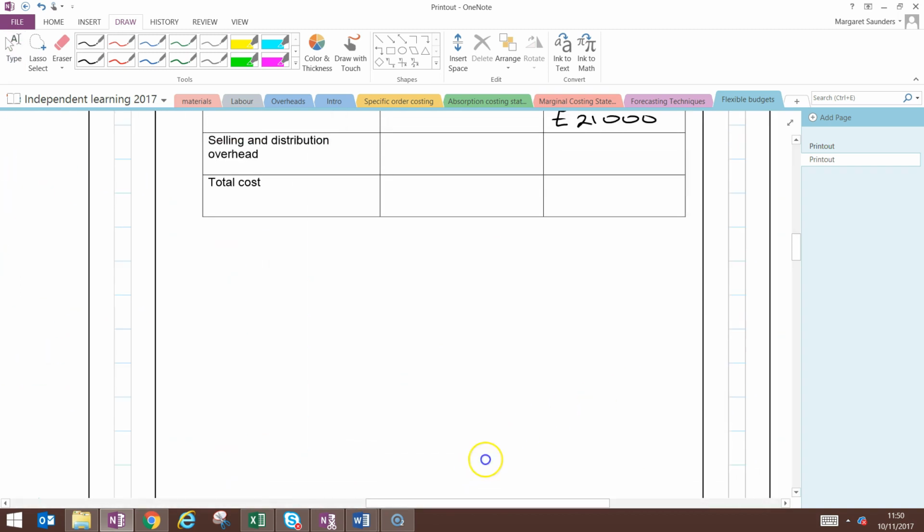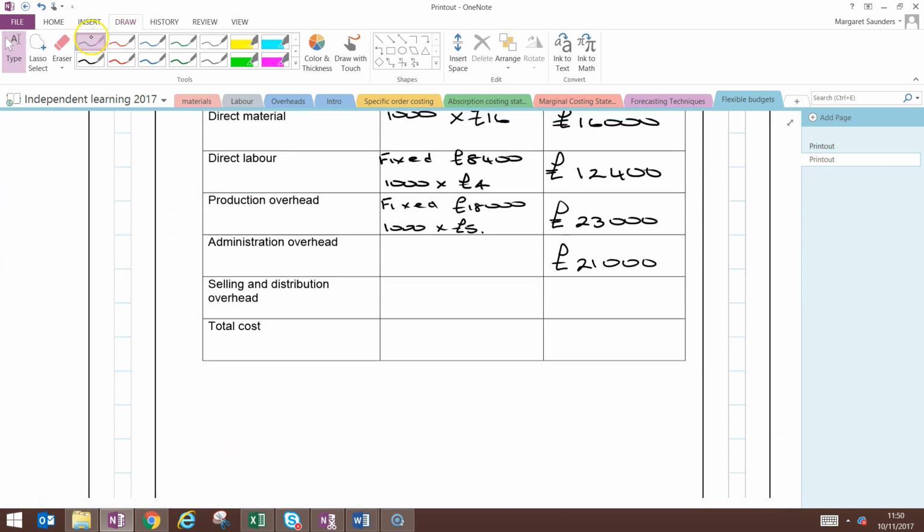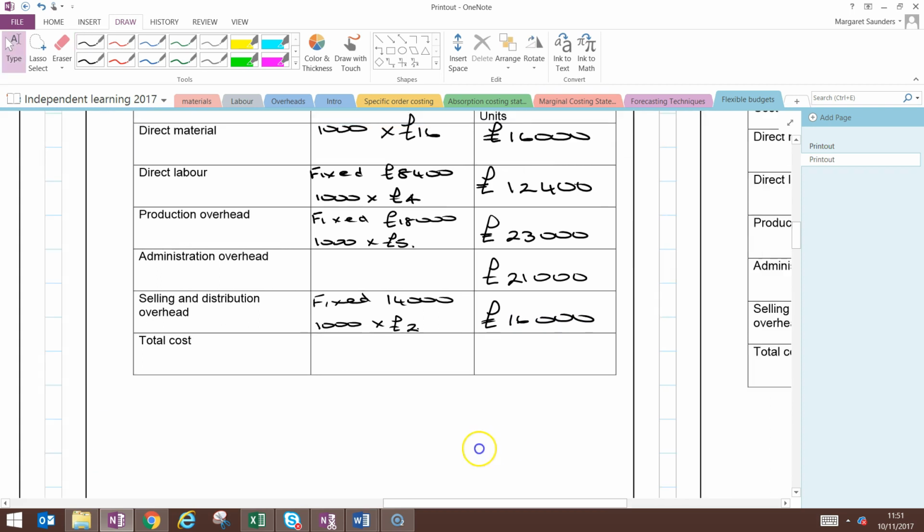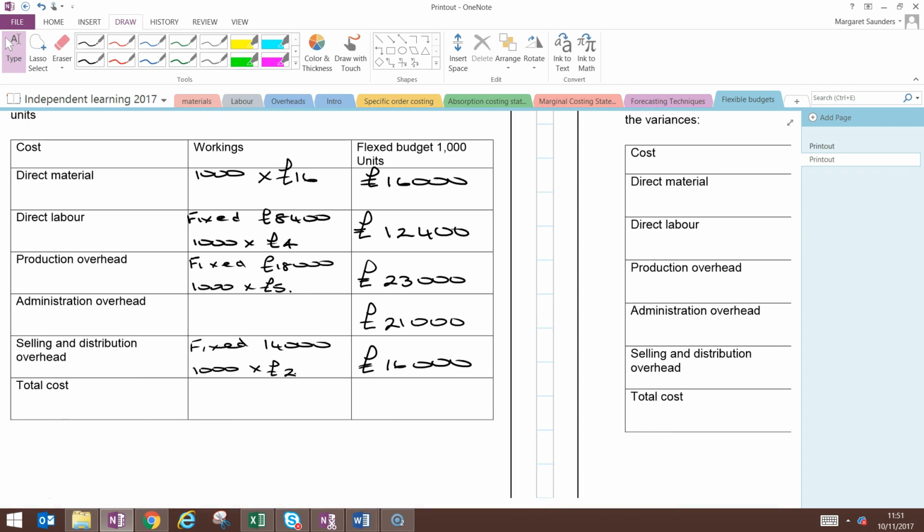So if our budget is for 1,000 units, we have the fixed element of £14,000 and the variable part, 1,000 units at £2 a unit. That gives £16,000. So in total, 88,400.